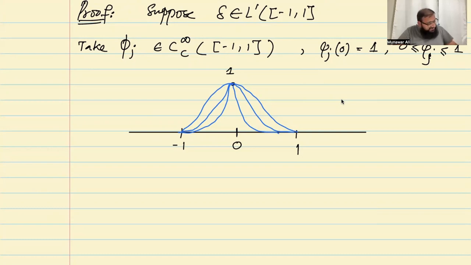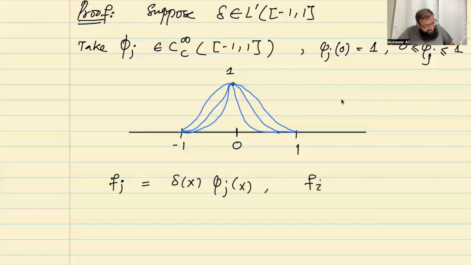Now I'm taking another sequence of functions, f j, which is the delta functional times these phi j's. When you take the absolute value of these f j's, this should always be less than delta of x. Because the absolute value of f j is the absolute value of delta of x times the absolute value of phi j of x.